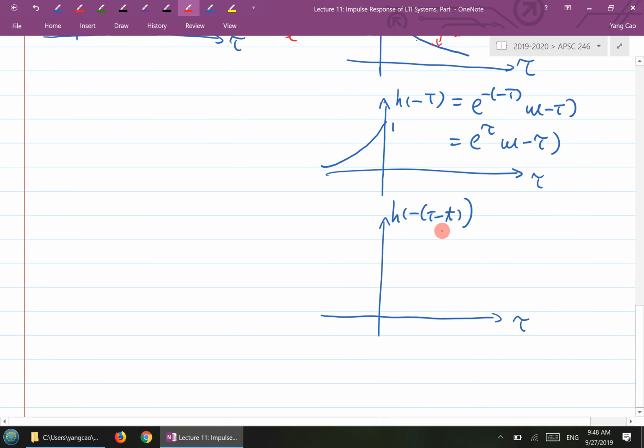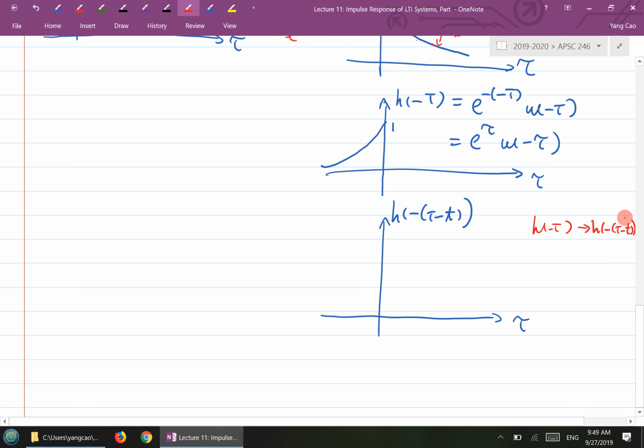Okay, so let's go back to over here. From h of negative tau to h of negative tau minus t, to h of tau minus t. So what is the change here? The tau here changed to tau minus t.